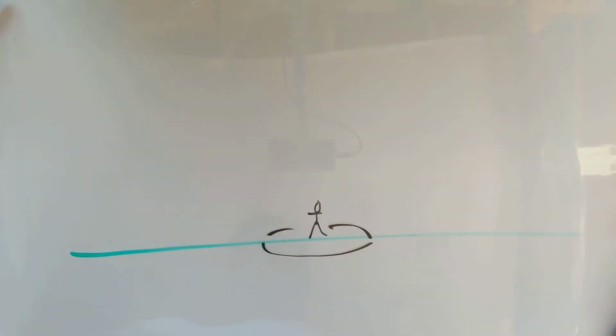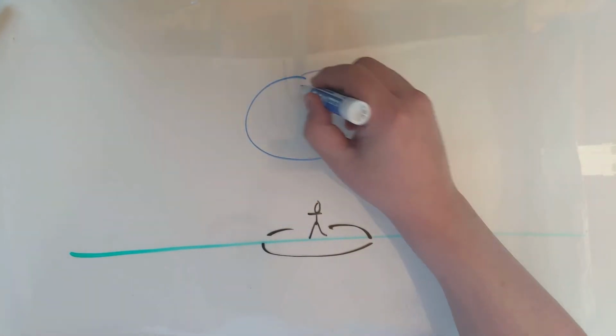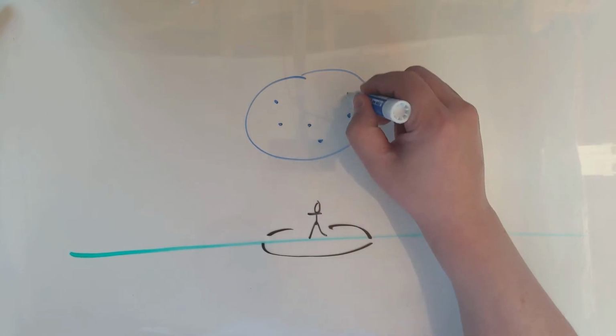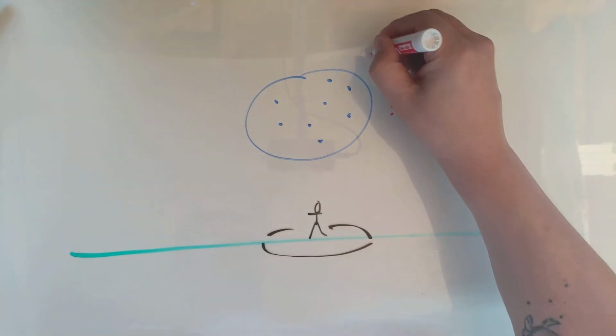So like lots of things, air expands and contracts, meaning gets bigger or smaller depending on the temperature. So if I have a body of air and it has particles in it, then if I heat that air up, it's going to get bigger.